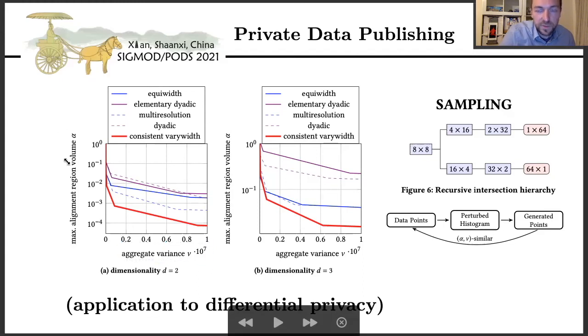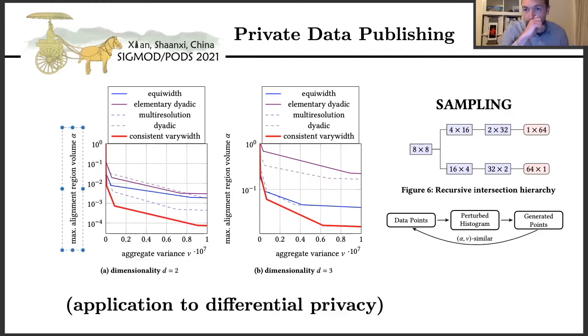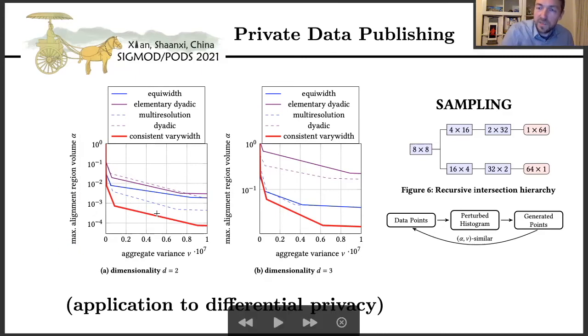And then we have also the precision of the alignment, which is this spatial type of error. And the best technique is variwidth. It's not the elementary dyadic one because it has too many grids, which causes problems in this setting. And in more dimensions, this becomes even more pronounced. And we also go into how to sample from multiple grids in a consistent way, and talk a little bit about what we can achieve there.